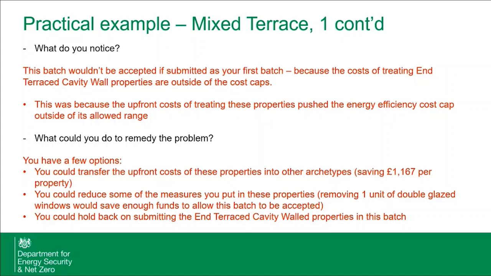What I would say though is hopefully you'll be tracking all of the costs that you have to date. So you should know generally before you submit a batch whether it'll be approved or not, because you'll have your own records of costs. Because you're doing area-based delivery, if you know that some homes in a batch are going to exceed some of your cost caps, you can make the choice to submit that batch in 2.